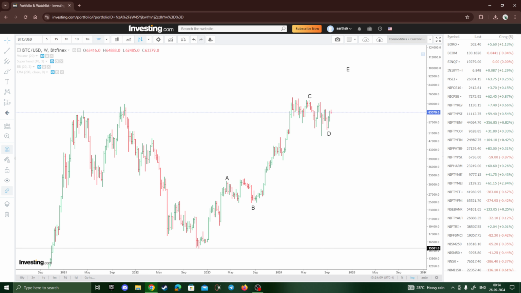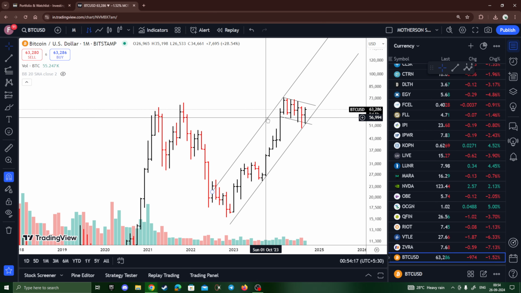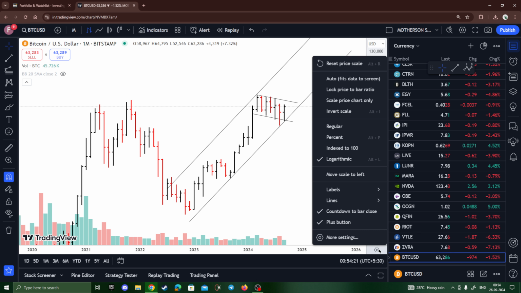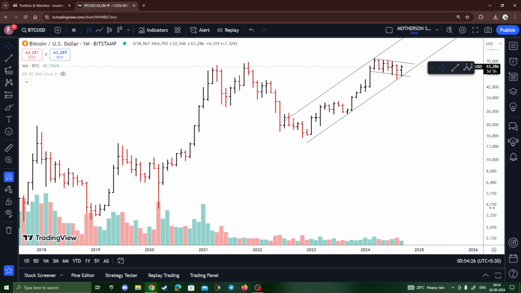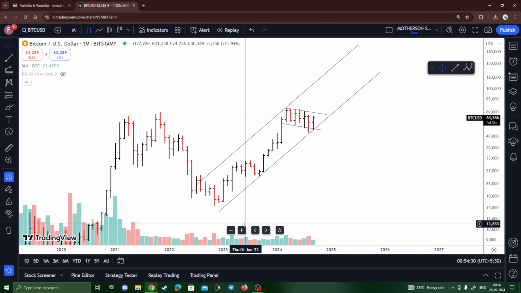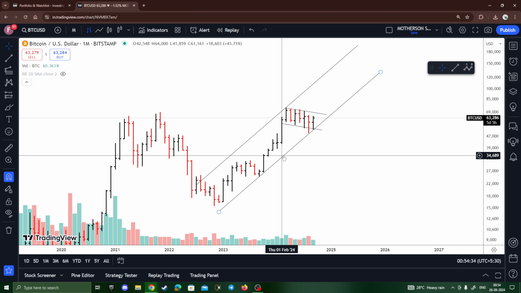So let me use a trading wave chart. So if I look at this chart, and let me put it to auto. Okay, so if I look at this chart, then I could very well see that Bitcoin is into this parallel channel, wherein I have marked this trend line.